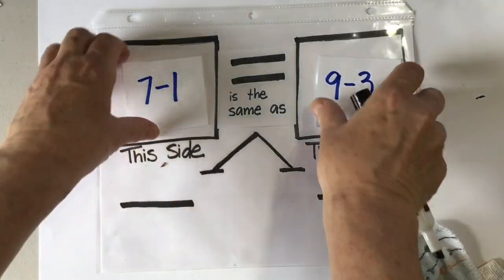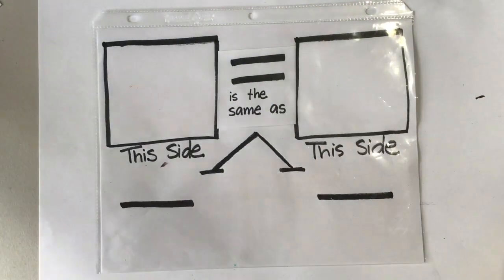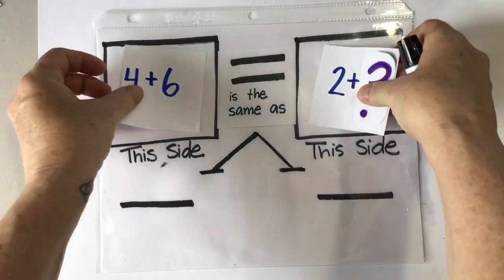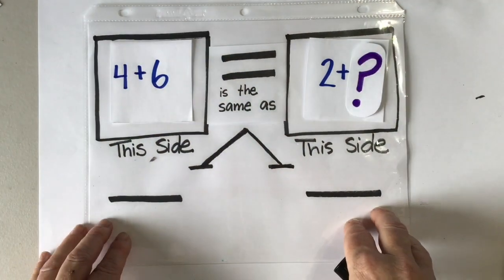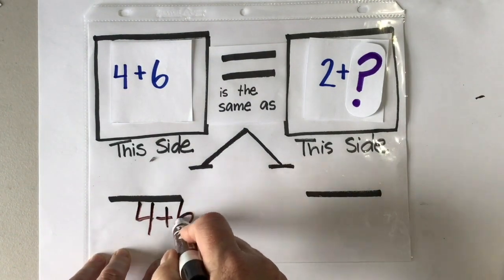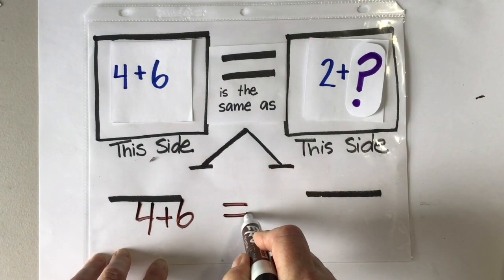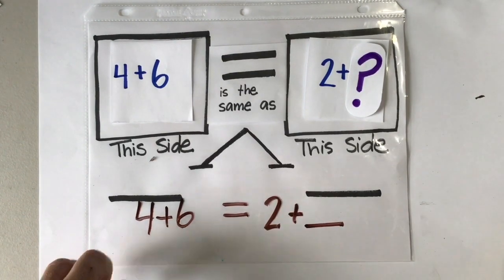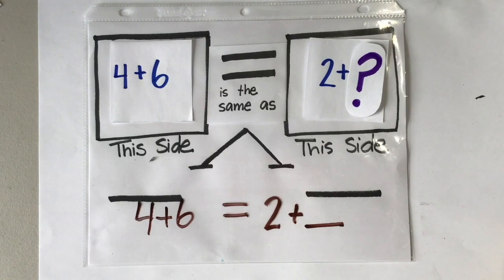All right, you guys are doing great. Here's the next one I want you to write. So you're going to write 4 plus 6 equals 2 plus something. We have to solve for that unknown.